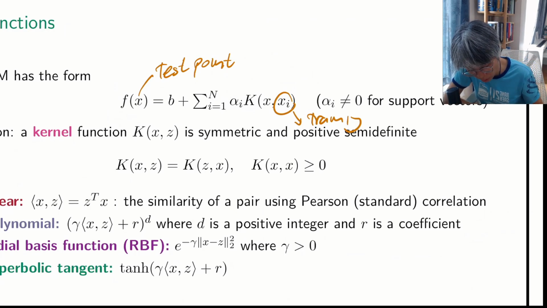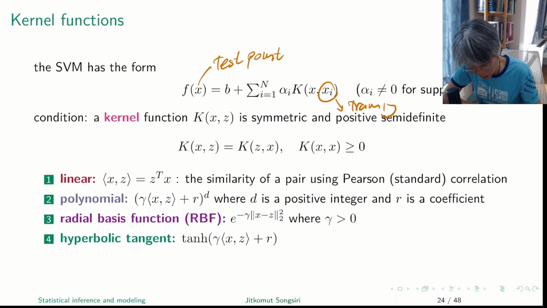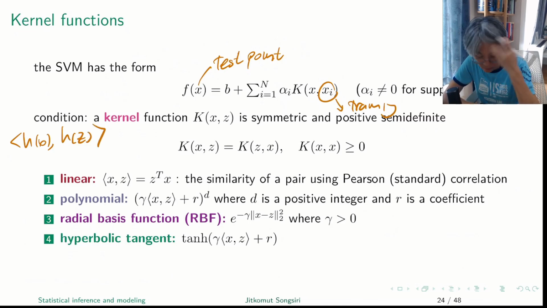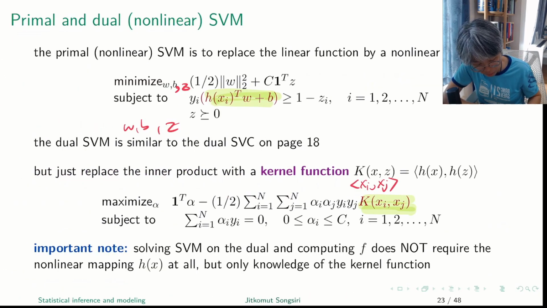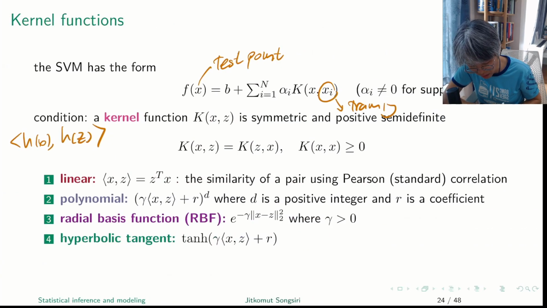As we pointed out earlier, the sum only takes place for those alpha i that are non-zero. The kernel function, motivated by this derivation, is the inner product between h(x) and h(z).